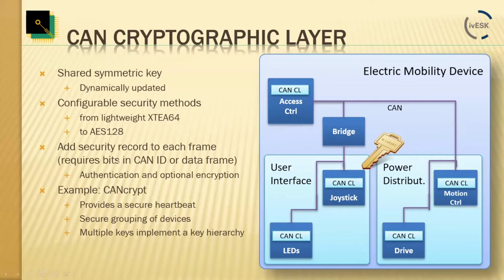And what we do in our latest discussions with the generic security layer that is currently under discussion at the CiA, and I will talk about much more details there tomorrow in our presentation, is that for the classical CAN, we can also put this into the ID area.